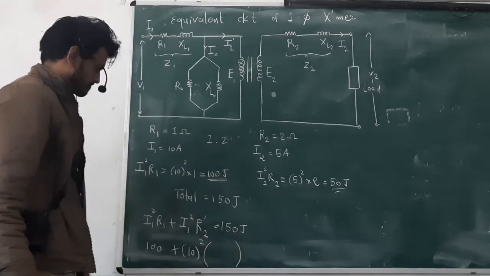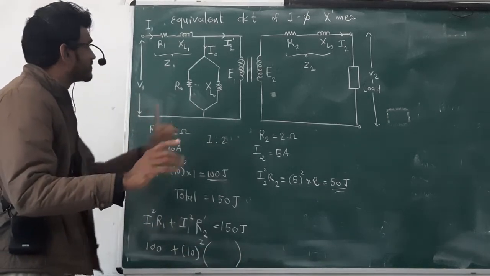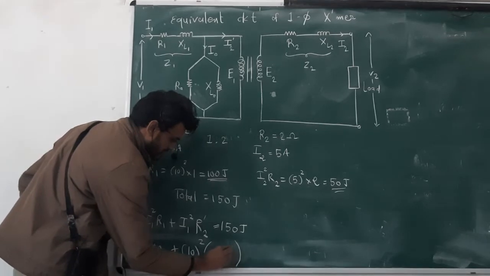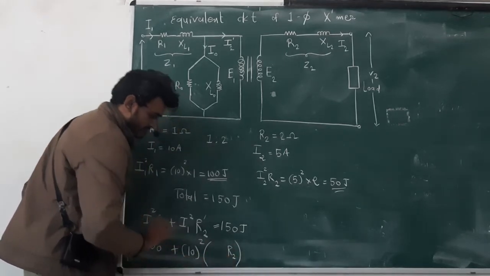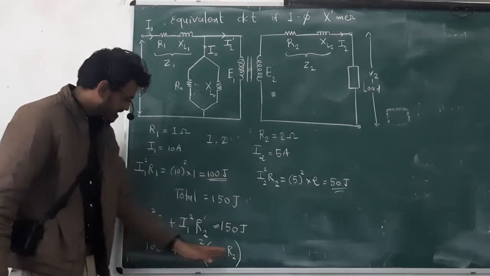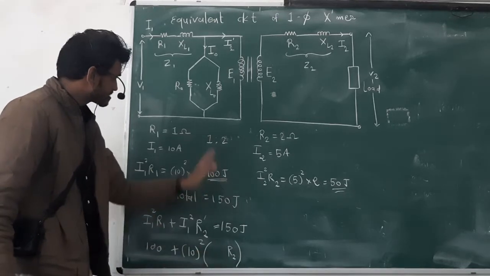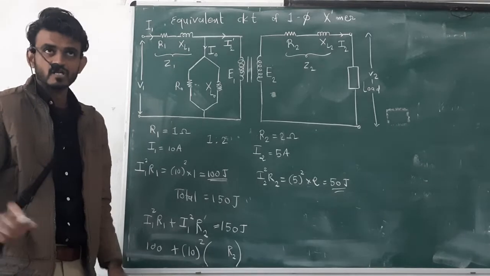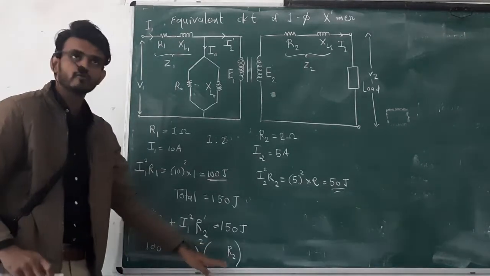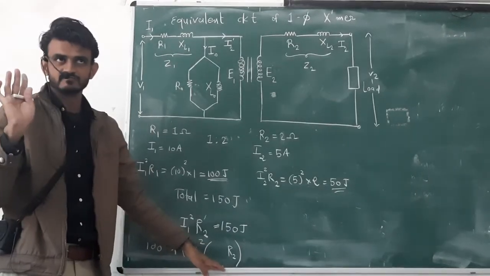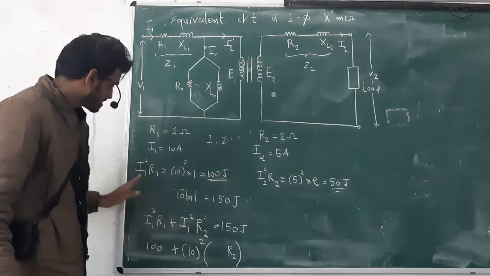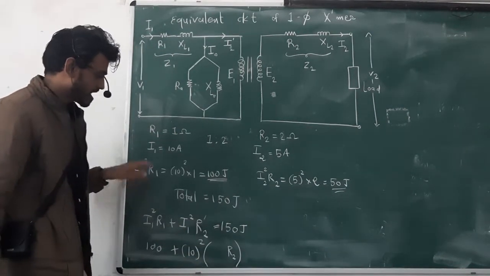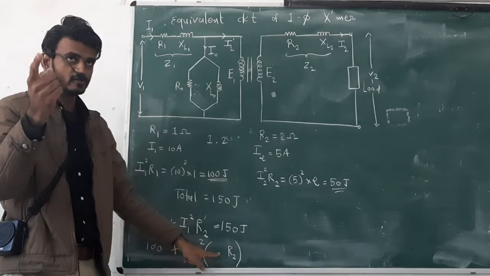This quantity is higher, and it is going from here to there with the transformation ratio n2 by n1, so I would have to multiply or divide with k, and this is related to I square, so I have to take the square of that ratio.